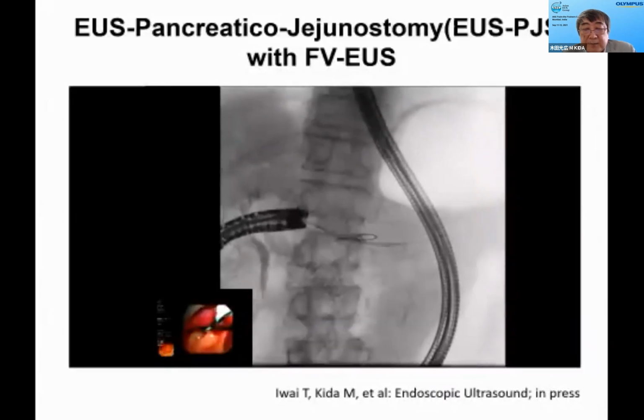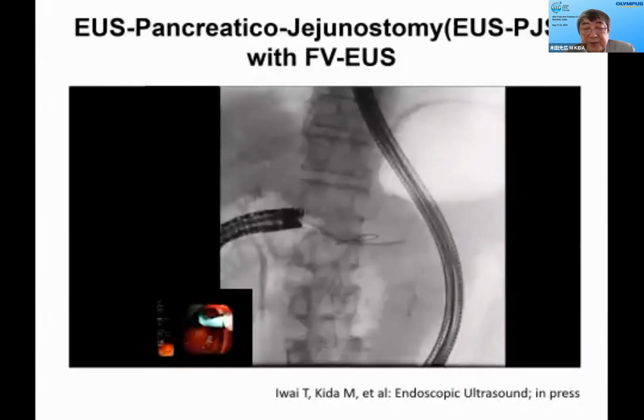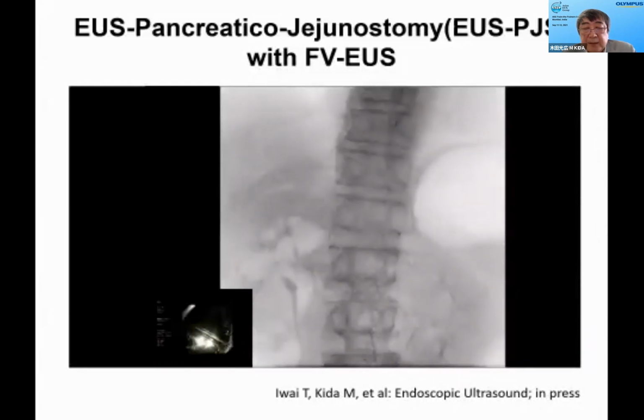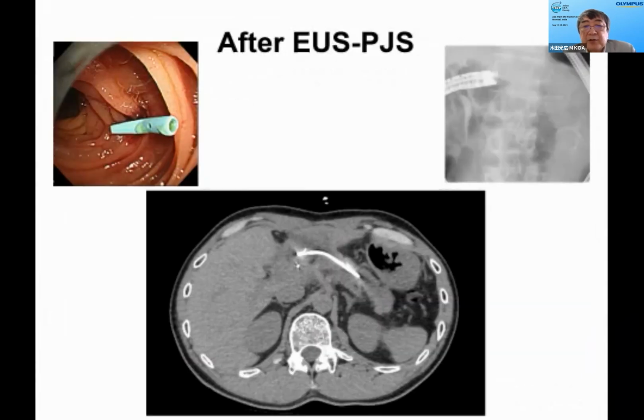Then finally, we insert the plastic stent into the MPD like this. Then this is the result of the EUS-PJS.